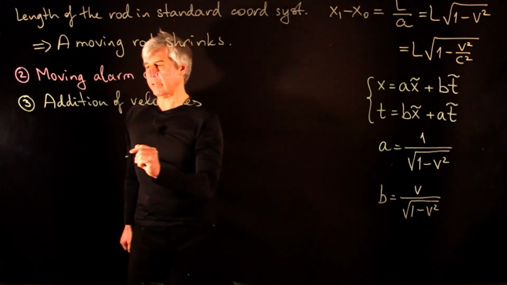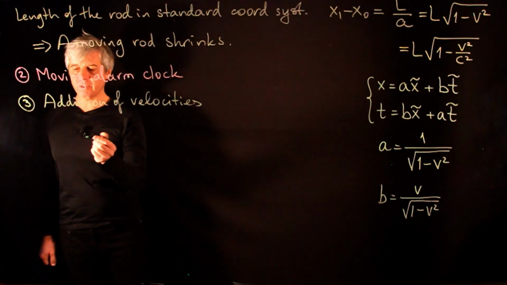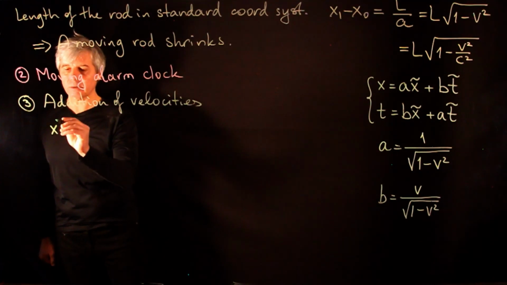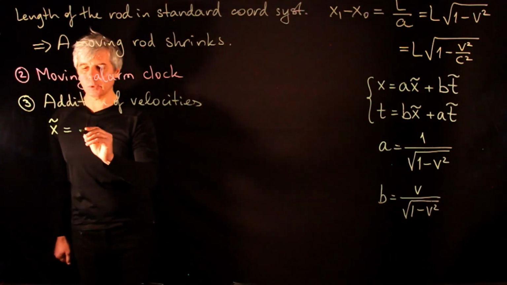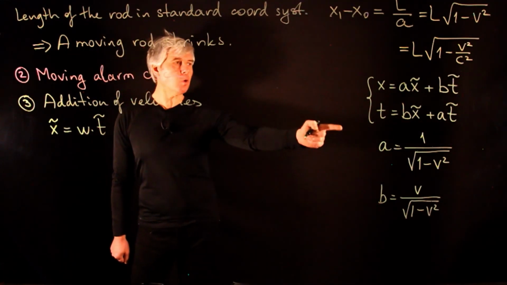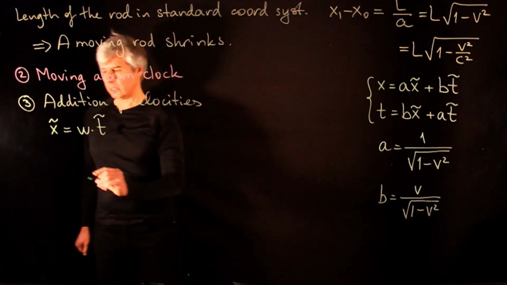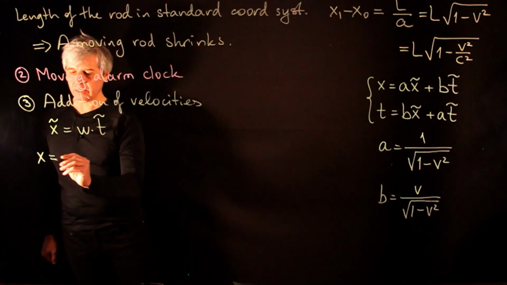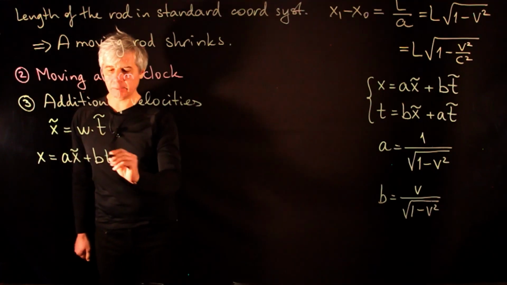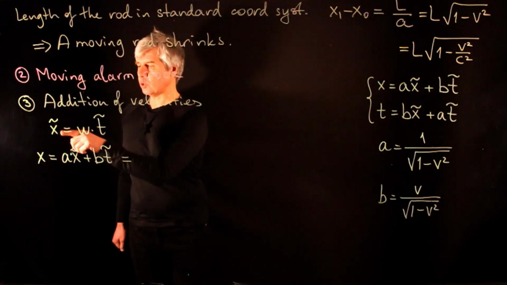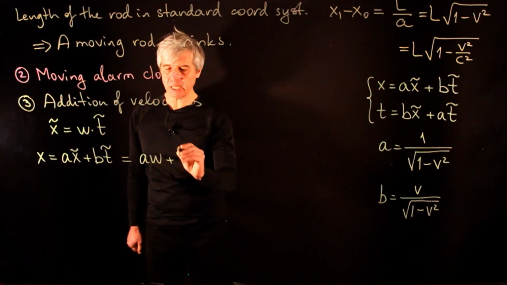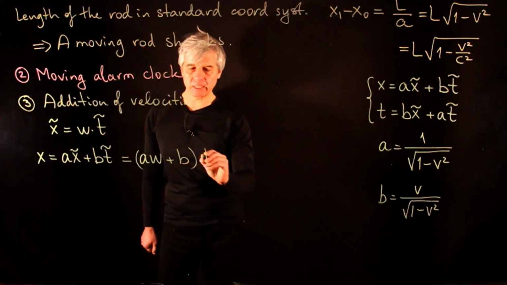Suppose we have an object that is moving with velocity w in the tilde coordinate system. This means that its trajectory is x tilde is equal to w times t tilde. What will be the trajectory of this object in the standard coordinates? Here we will get that x is equal to a x tilde plus b times t tilde. Making a substitution for x tilde, we get (aw plus b) times t tilde.